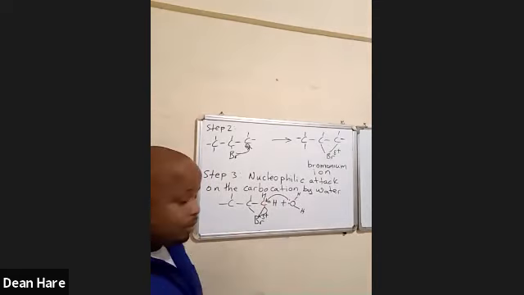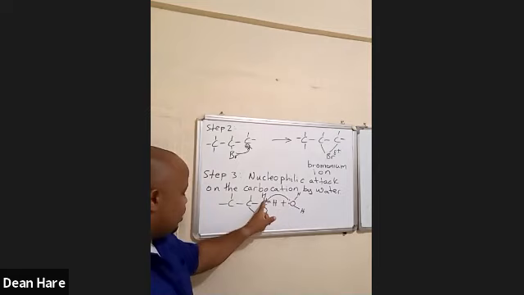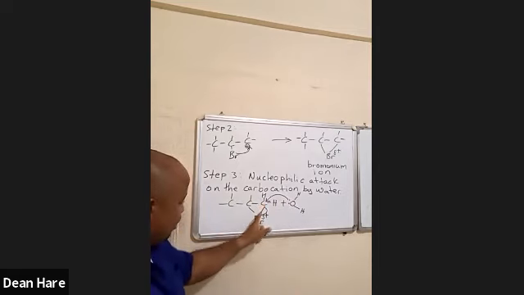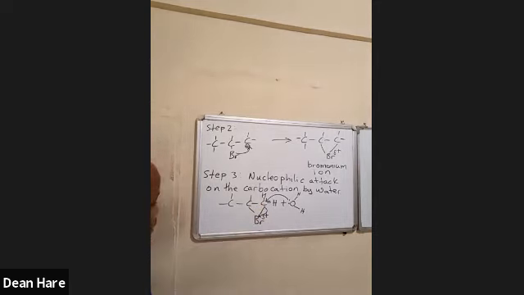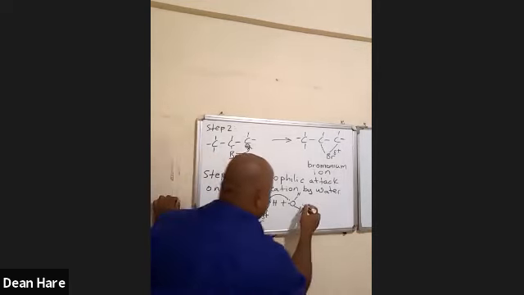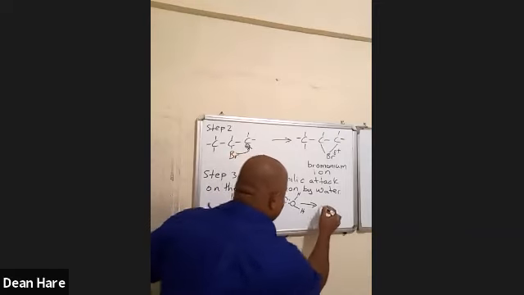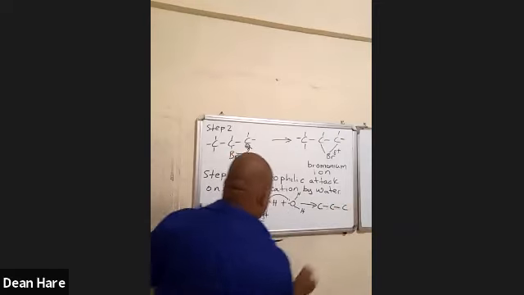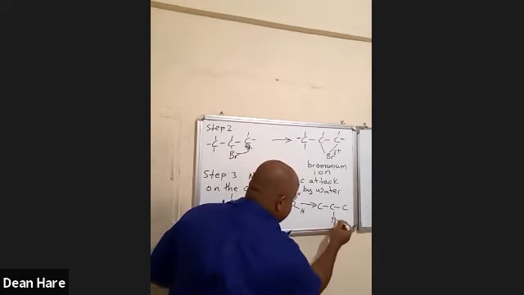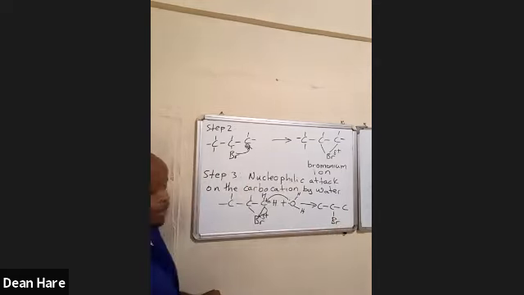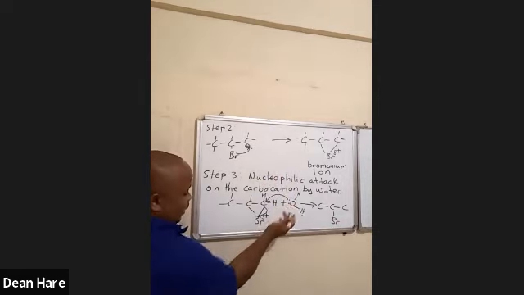All right. So this attack on the carbon atom, the bond between this carbon and this bromine here breaks heterolytically. And so our structure, so it's 3 carbons. Remember, the bond between this carbon and this bromine is now broken. So this is what you have. And then water is now bonded to this carbon atom.